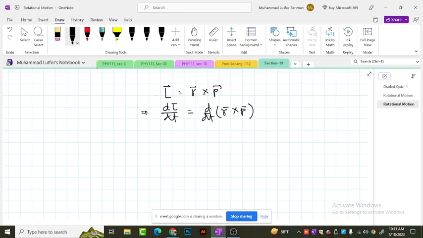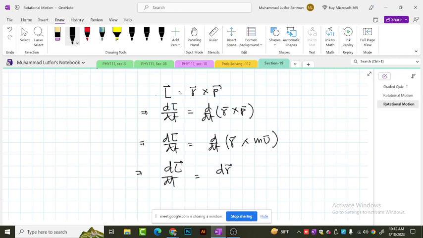And I can write one more line over here. Let's say this is dL over dt, which is d over dt of r cross p, and this p I can also write as m into v. It's the linear momentum of the system, right? Then for dL over dt I'm going to apply this d(uv) formula.